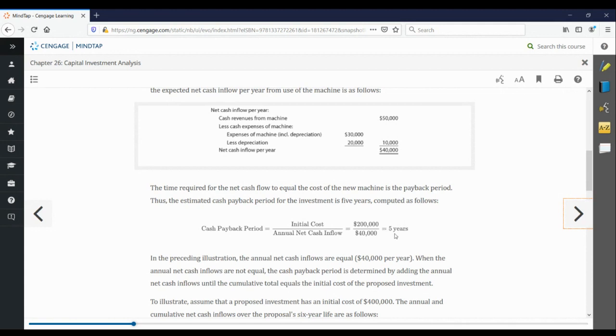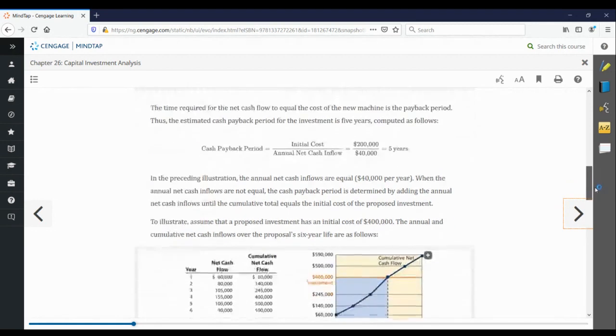It will take us about 5 years to recover the cost of that asset. So the initial cost divided by the annual cash flow is the cash payback period. It will take us 5 years to recover the cost of the asset.